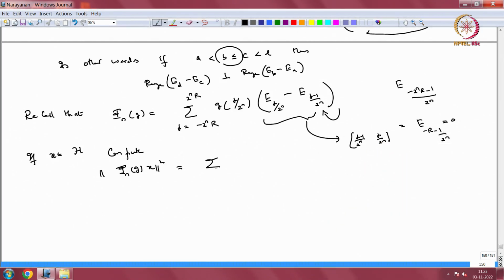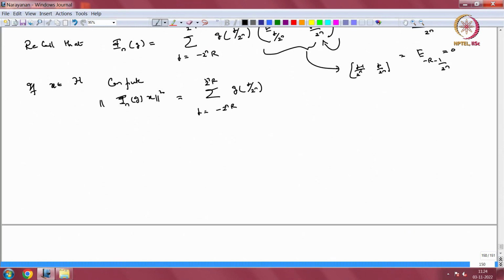Let me write down one step: the sum over j from −2^n r to 2^n r of g(j/2^n), and then these projections, E_{j/2^n} − E_{(j−1)/2^n}, acting on the vector x. Let me note something separately.